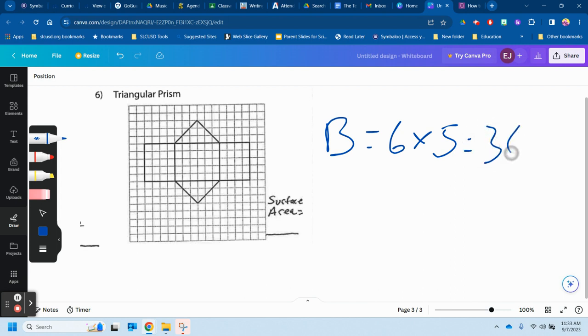And that's 30. Because this is going to come up to, it's going to be like a triangular prism.